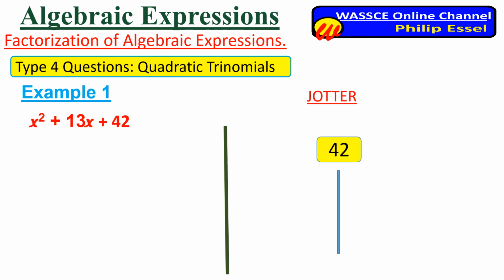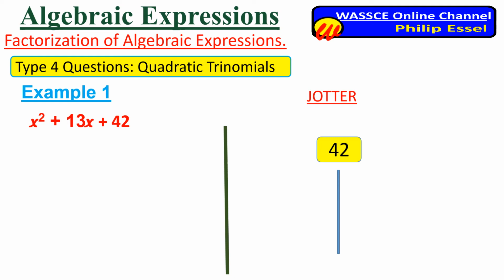We would then find two numbers which, when multiplied together, would give us this 42. So let's start by looking at these sets of two numbers which, when multiplied together, would give us 42.